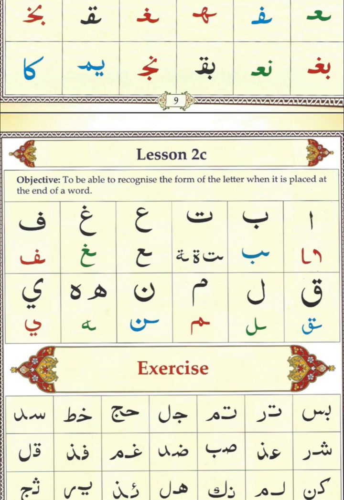Ta will have more shapes. So let's read from ta. Ta, ta, ta, ain, ghain, fa, qaf, lam, mim, noon, ha, ya.